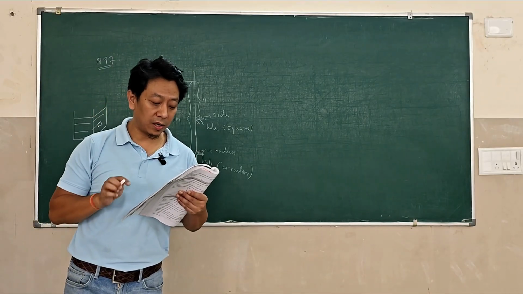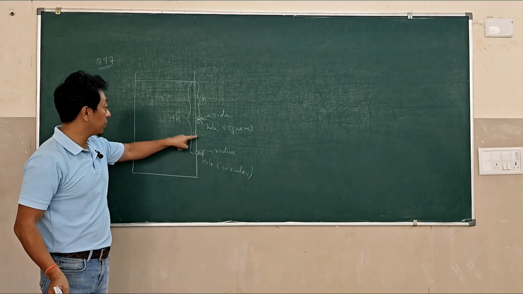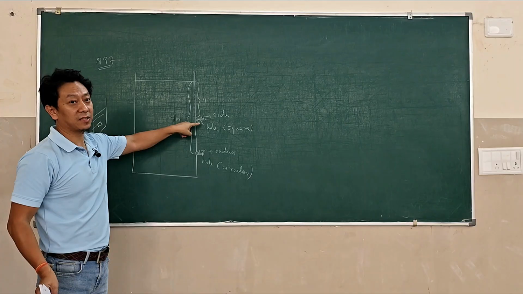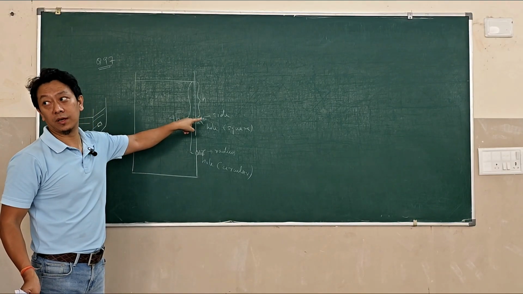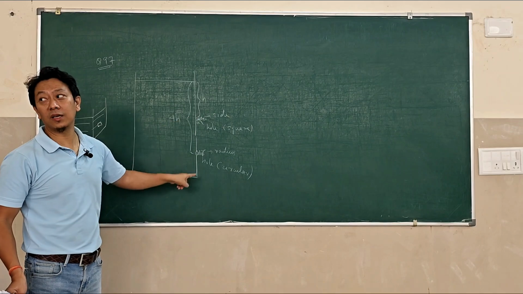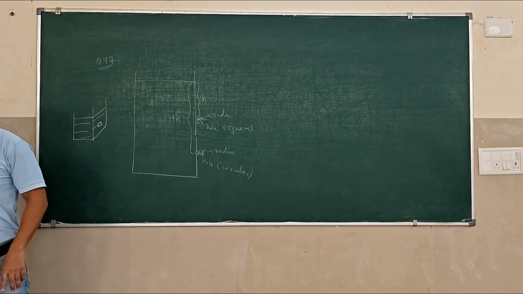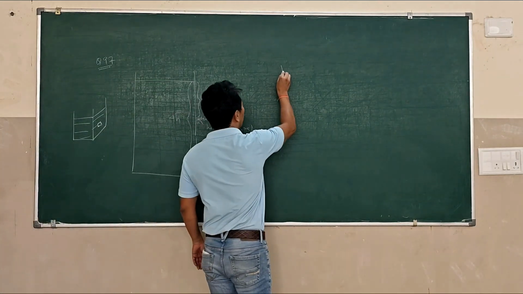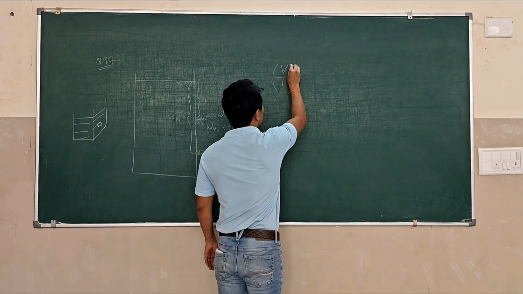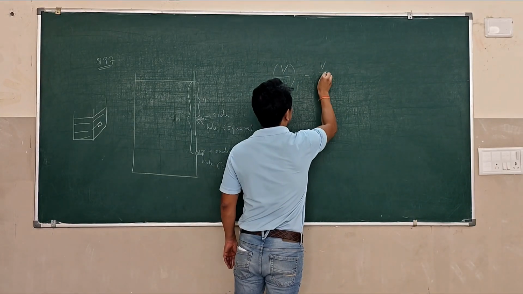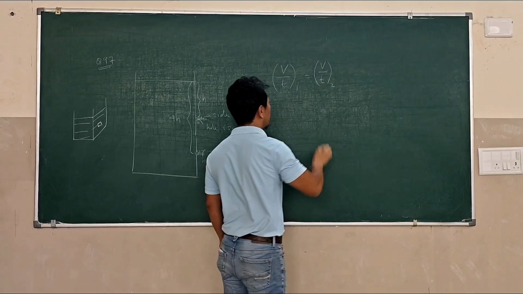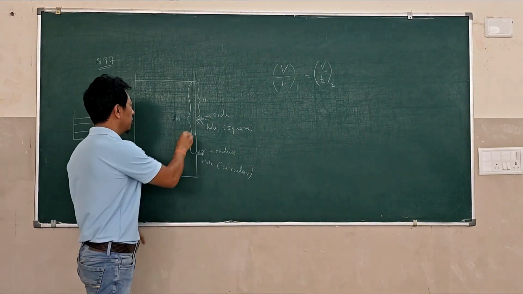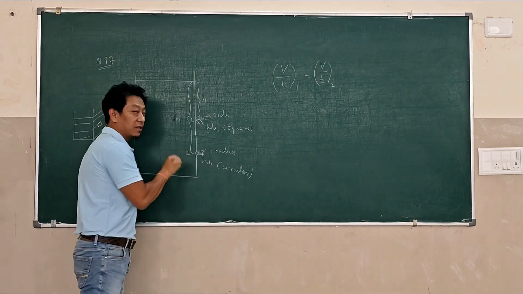Then what is the relation between this radius and this side they are asking? Here it is a square hole, here it is a circular hole. Let us say first hole is this, second hole is this.